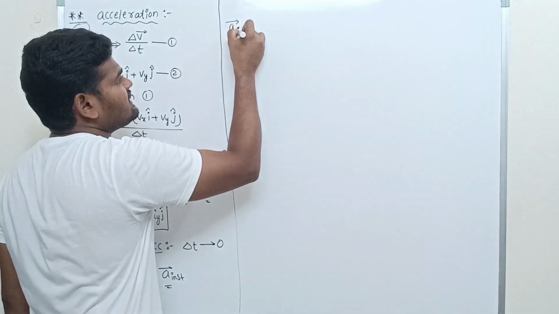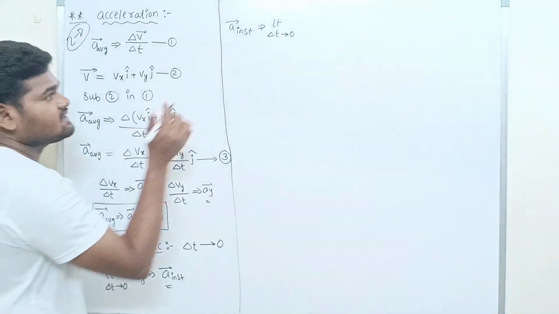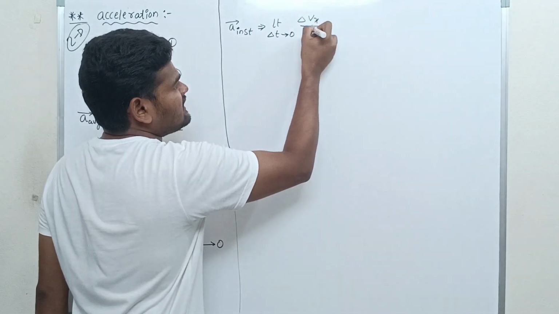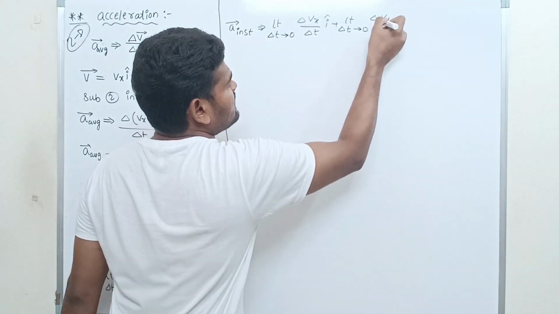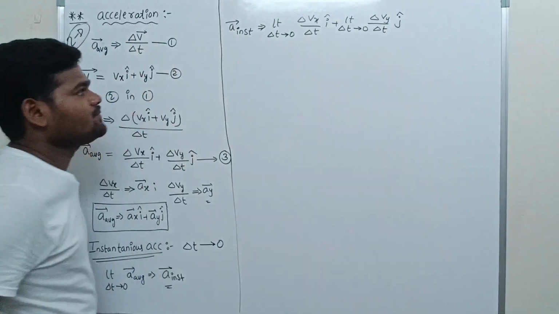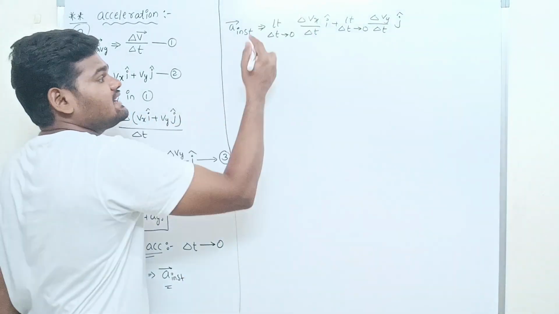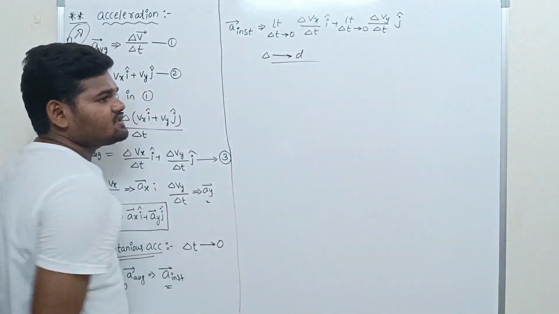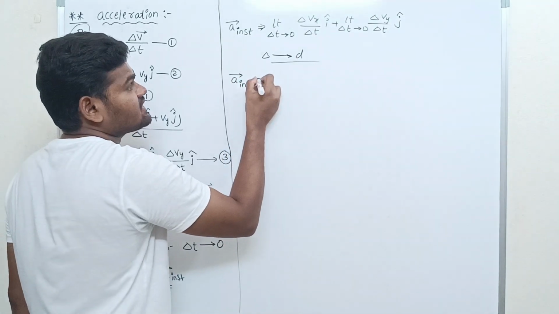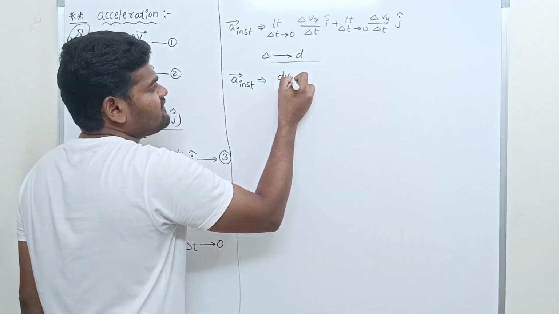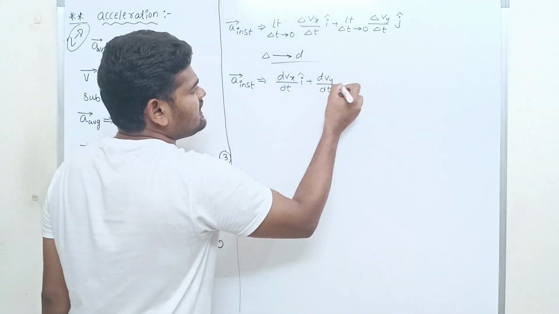So instantaneous acceleration equals limit delta t tends to 0, delta vx by delta t i cap plus limit delta t tends to 0, delta vy divided by delta t into j cap. Whenever delta t tends to 0, the denominator is very close to 0, then delta becomes d. D means differentiation. So instantaneous acceleration equals dvx by dt i cap plus dvy by dt j cap.